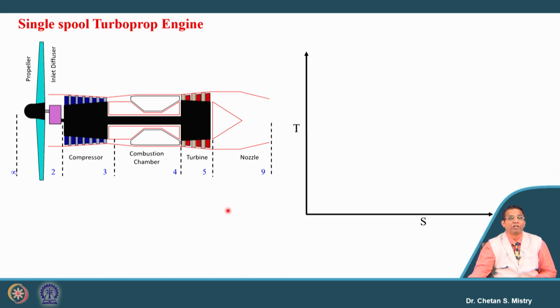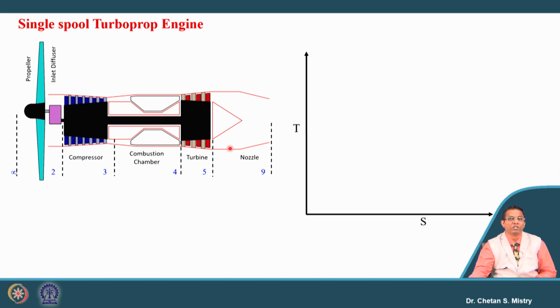Let's look at how we analyze this engine. Let me put the stations. Suppose I consider here the free stream condition, or atmospheric condition. Here we have the intake, which is followed by the compressor, combustion chamber, turbine, and the nozzle.